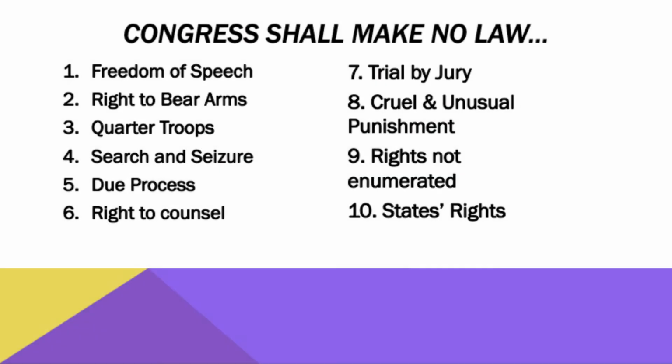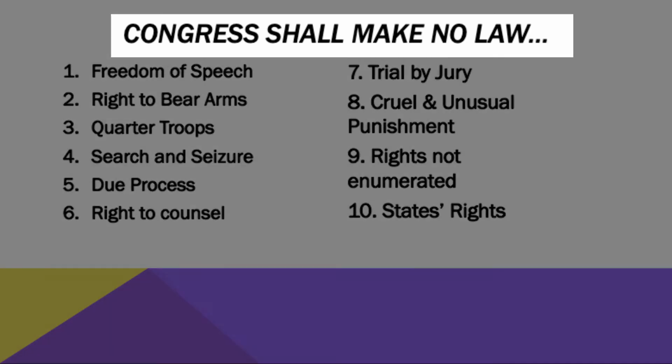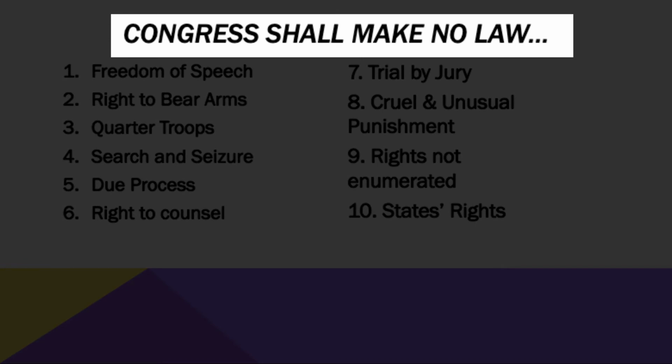Now, I'm not going to belabor the point too much here. I'm sure the Bill of Rights have been beaten over your head since you were about in middle school, so I'm not going to go through all of these in too terrible detail, but the point that I really want to call out here is that each of these is prefaced with the language, Congress shall make no law.